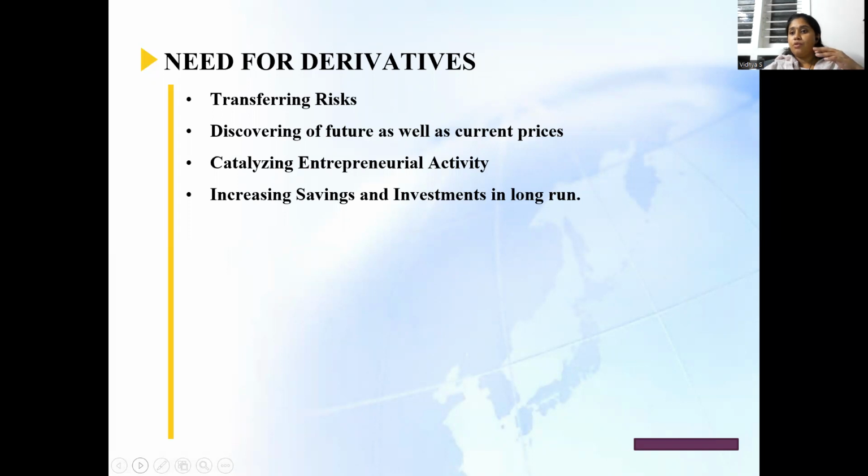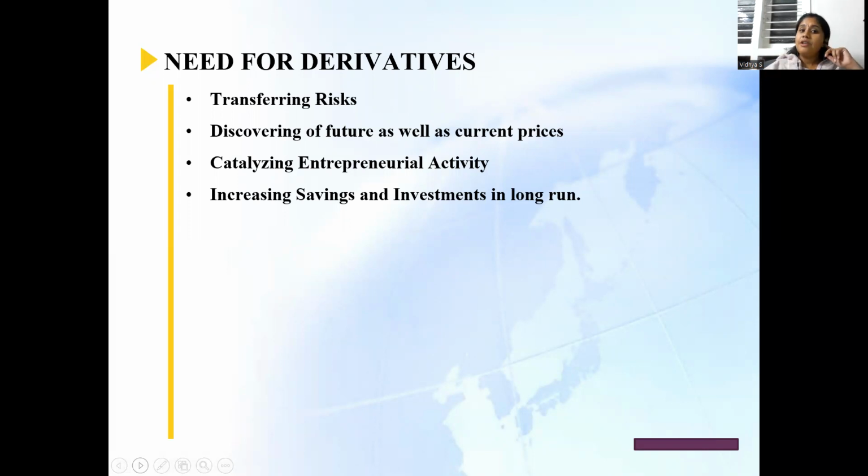Over a period of time the demand decreases. Even if the price decreases in future, you get the amount you traded for today. This is where your risk is getting transferred.